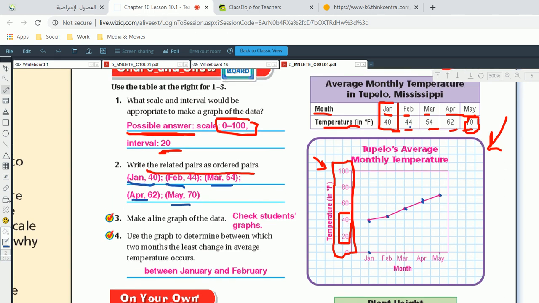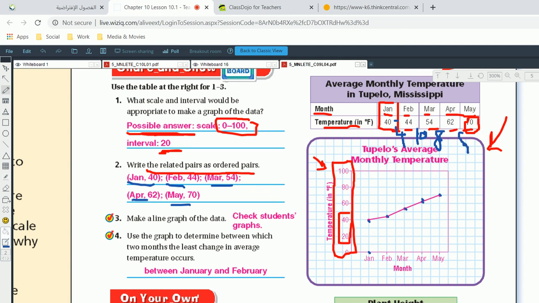So we are going to subtract each two numbers and find between which 2 months the change is least. 40 and 44, subtract them, it will be 4. 44 and 54, it will be 10. 54 and 62, it will be 8. And the last one, 70 and 62, it will be 8.